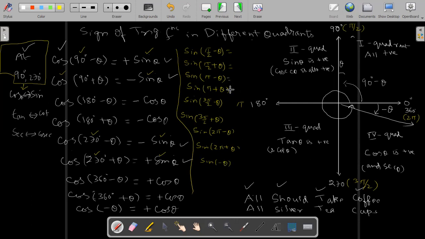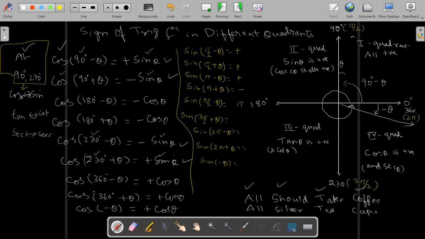First we will see in which quadrant it lies, and accordingly we will put positive or negative. Sine is positive in the first quadrant; 90 minus theta means first quadrant. For our convenience, I'm writing plus in the starting, and after that you can remove the plus sign, as we don't write plus at the start. 90 plus theta, we reach the second quadrant, and sine is positive in the second quadrant. 180 minus theta, again second quadrant, plus.